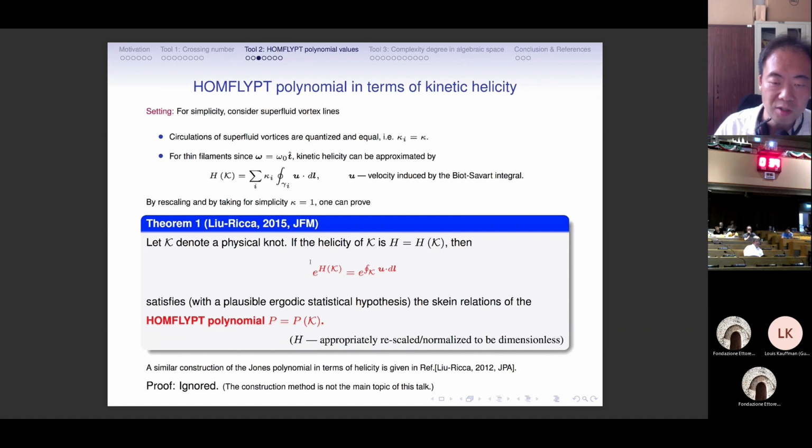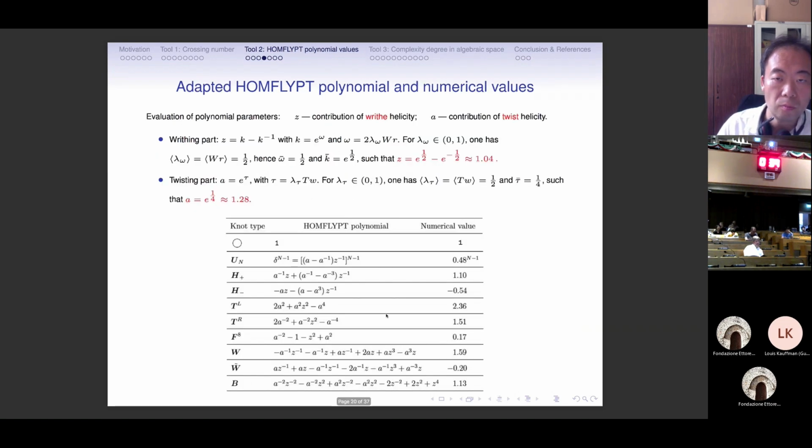So that means we can construct a HOMFLYPT polynomial in terms of helicity, where the helicity is written in the line integral form. Okay. In this talk, I ignored the proof of this theorem because it is not the main topic of the talk.